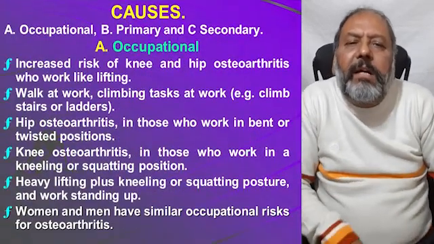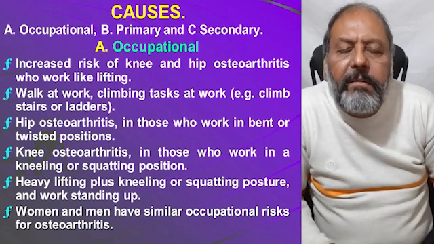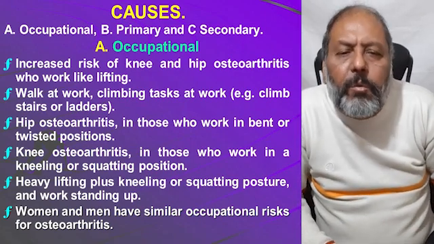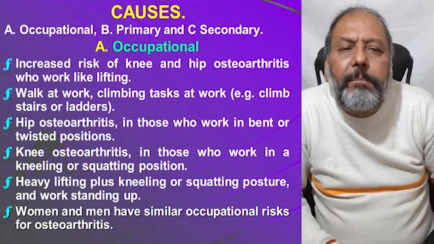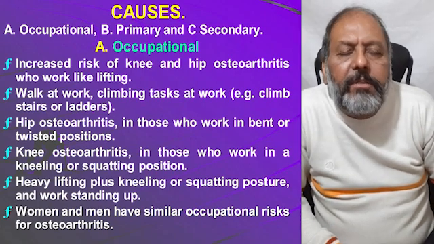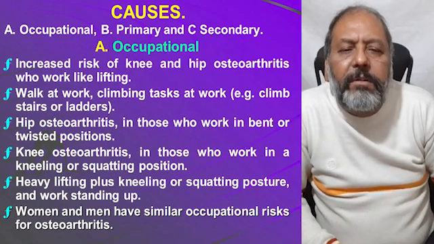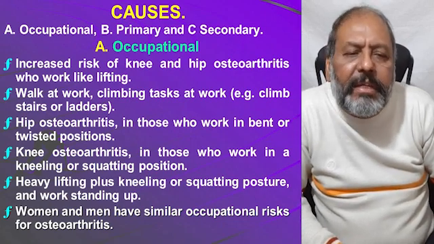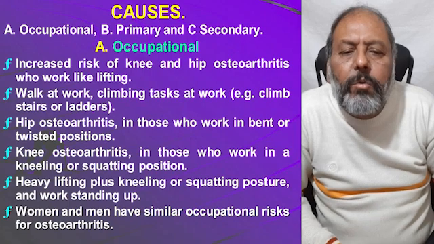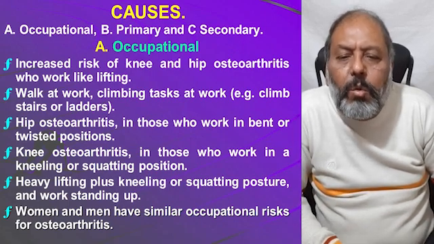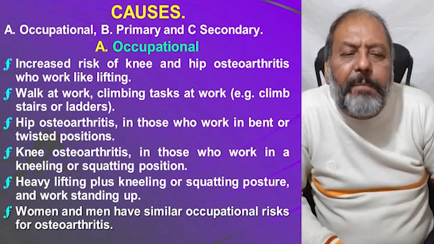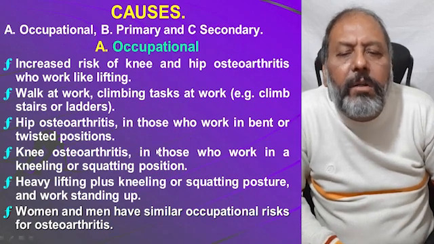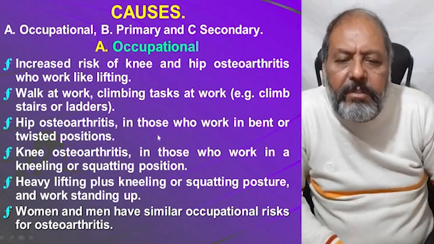Now, what are the causes of osteoarthritis? Three main causes are blamed. Number one, occupational. Number two, primary. And number three, secondary. First, the occupational problem. There is increased risk of knee and hip osteoarthritis in those who work lifting, walking at work, or climbing tasks at work, like climbing stairs or ladders as a part of their job.